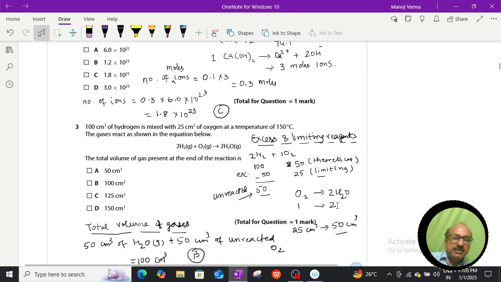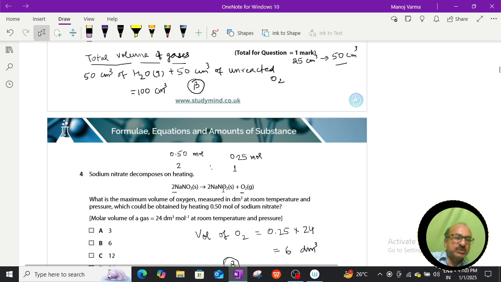Now 50 centimeter cube is the volume of water in the gaseous form, but out of 100 centimeter cube of hydrogen, 50 centimeter cube were in excess, so they remain unreacted. So the total volume of gas will be this 50 plus this 50, that is 100 centimeter cube, which is the answer B. Hope you understood. If you have not understood, go through the solution once again and try to understand.